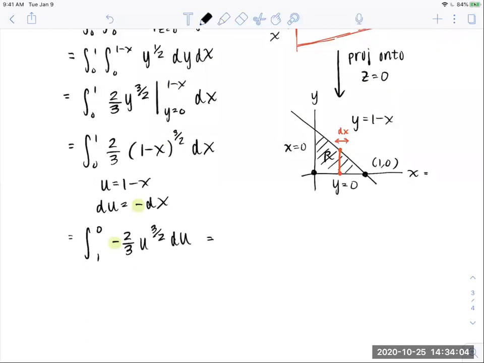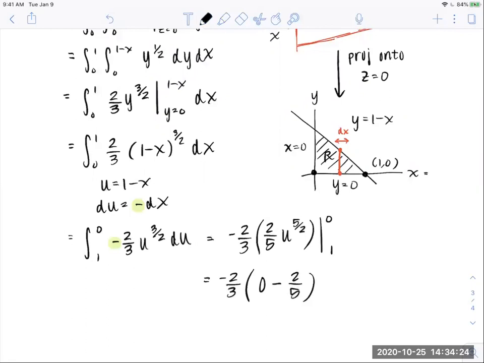All right, and so this becomes negative 2/3 times 2/5 u to the 5/2 power, where u is ranging from 1 to 0. That's negative 2/3 times 0 minus 2/5. So in the end here, I get a volume of 4 over 15 cubic units.